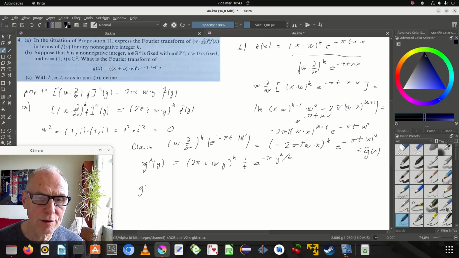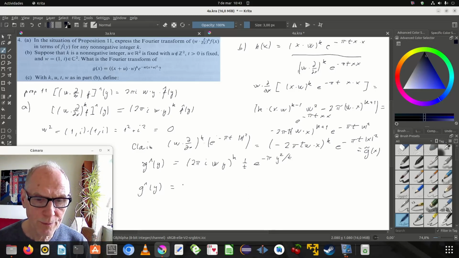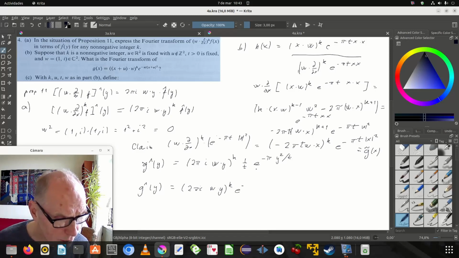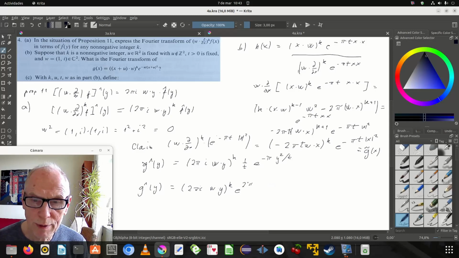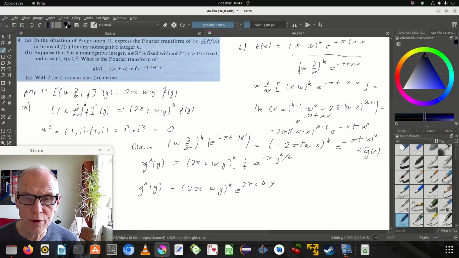And then G itself is a translation, translated plus U, so it's plus 2 pi i U times dot y, yes, and then the guy G tilde, the Fourier transform of that.